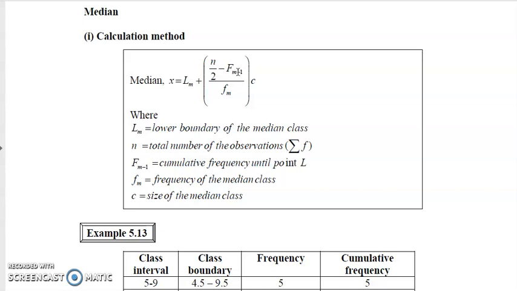Over FM, the frequency of the median class, and C is the class size.